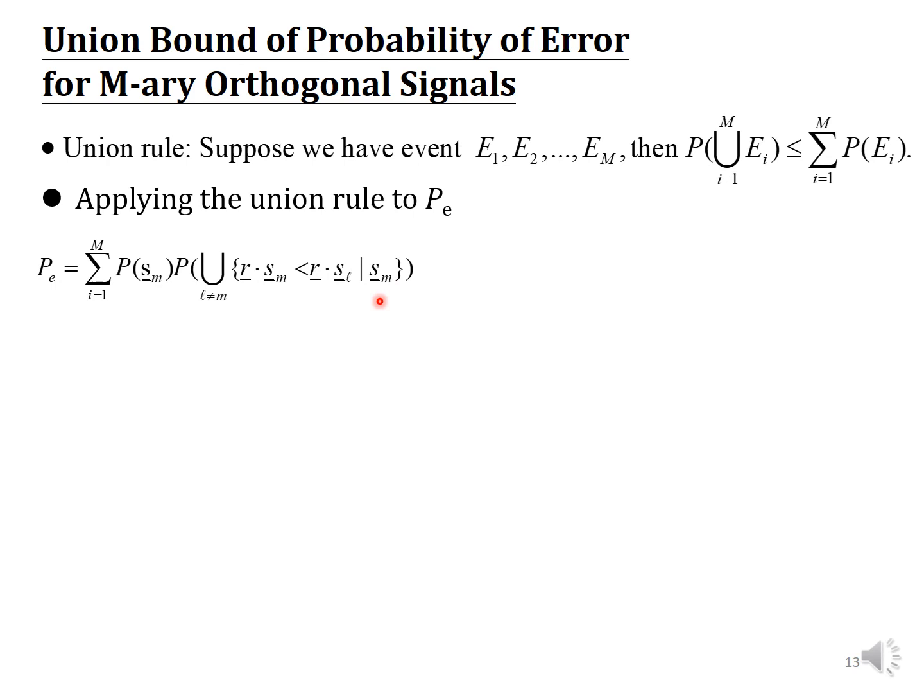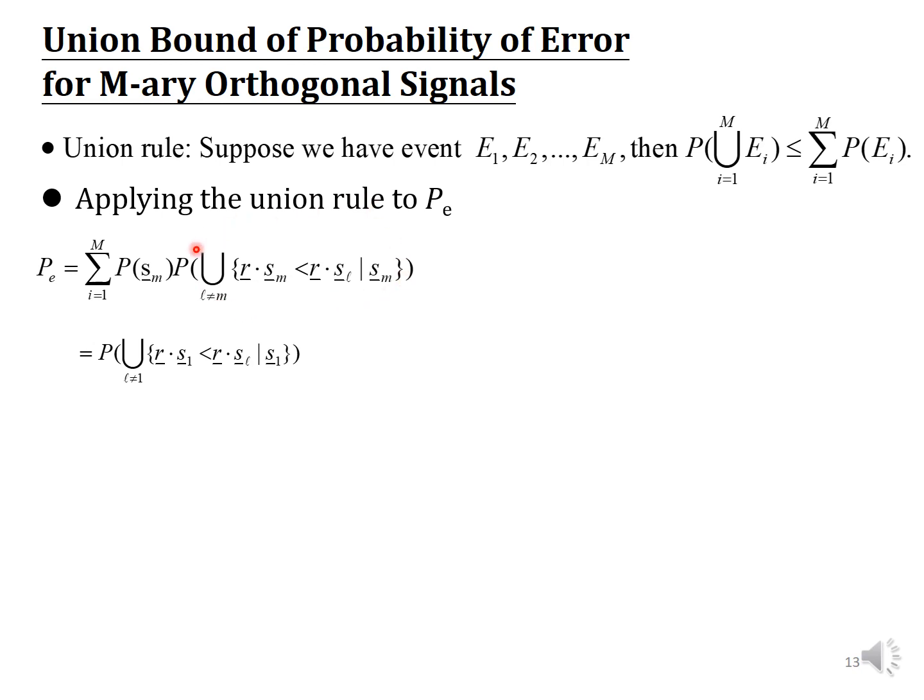If we assume all the symbols are equally probable, then P(Sm) equals 1 over M. In the summation of this P(Sm), there are M cases, and they are all the same, right?